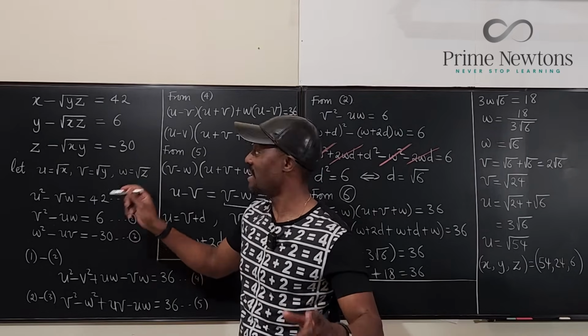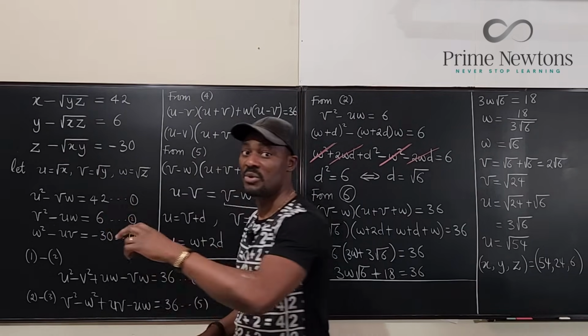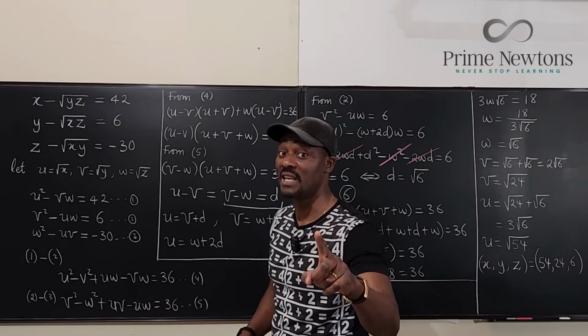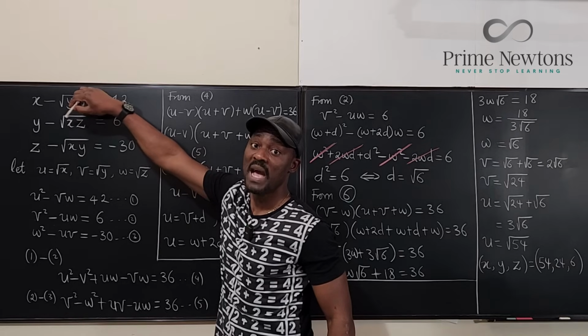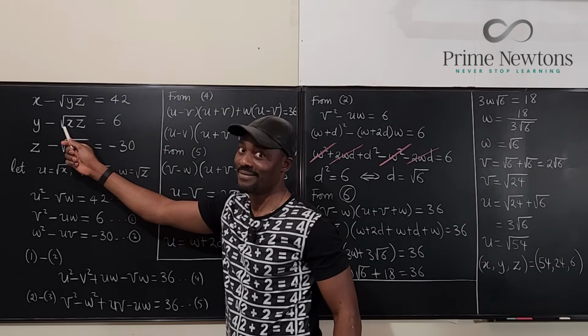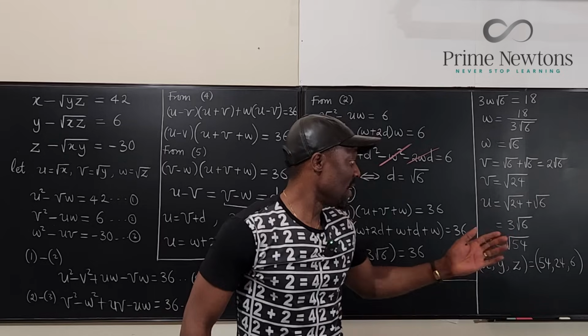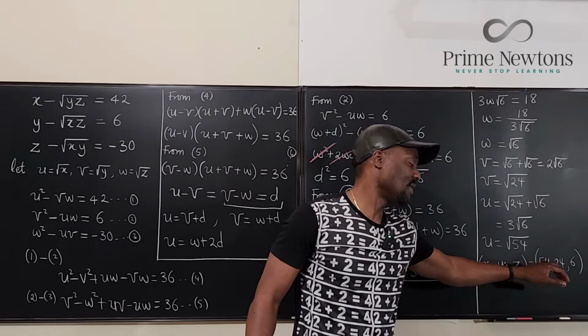If x and y are both positive, then this must be a positive number, and it's impossible for z to be negative, because if z is negative, then one of these numbers will be imaginary. z cannot be negative because x is positive. So these are the only solutions, and if you try them, you'll notice that 54, 24, and 6 are the only solutions.